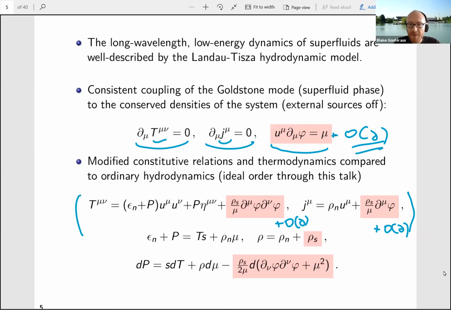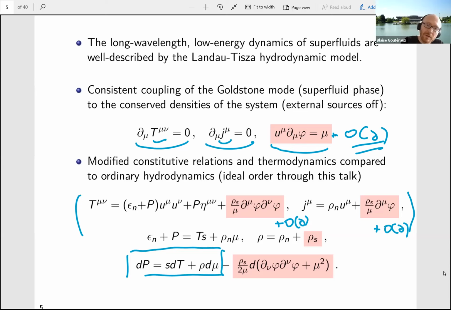For a system at rest, thermodynamics would be characterized by the first law. Let's set aside the superfluid for now. The first law you can write like this. It tells you that the variation of the pressure is given by the entropy times the variation of temperature plus the charge density times the variation of chemical potential.